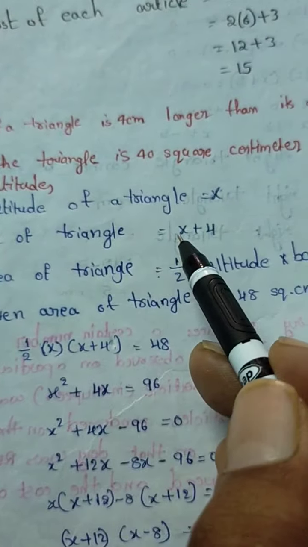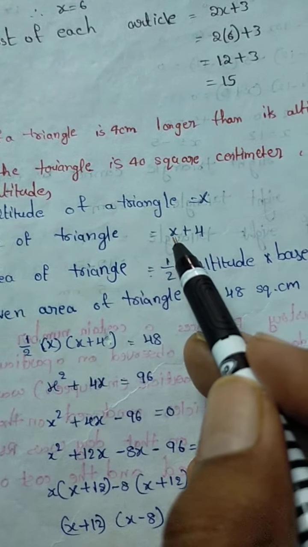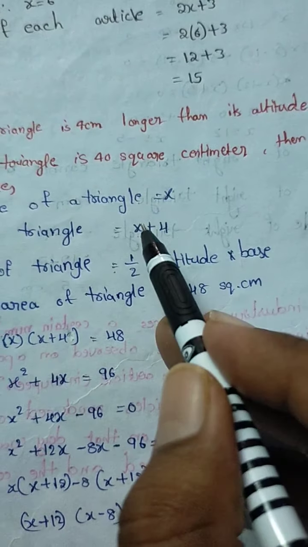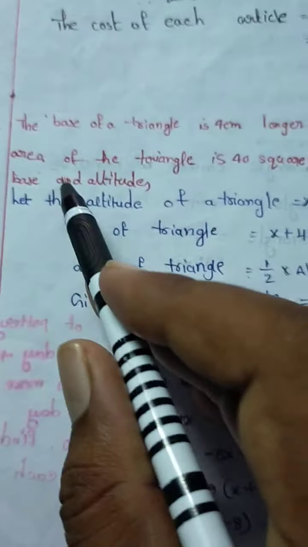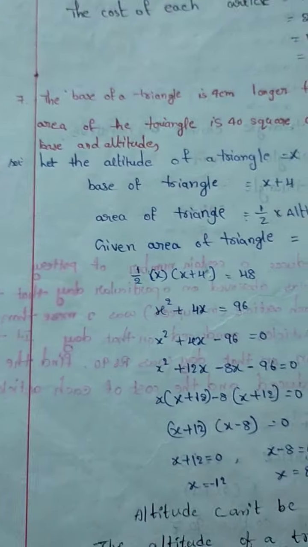If the area of the triangle is 40 square centimeters, then find its base and altitude.